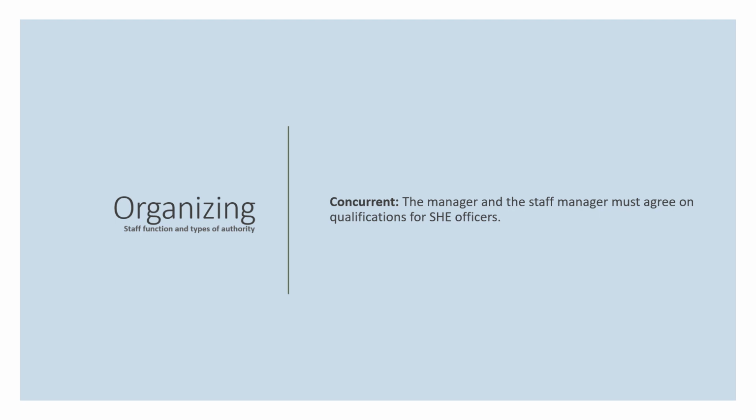Concurrent is that the manager and the staff manager must agree on the qualifications for health and safety officers. And finally, command. The safety managers will give orders on safety matters that other departments will have to carry out.